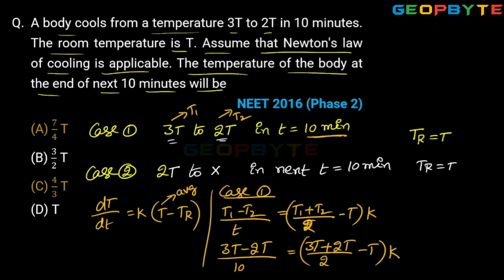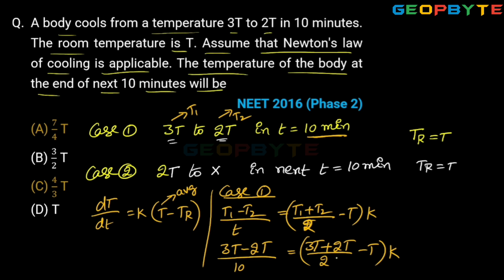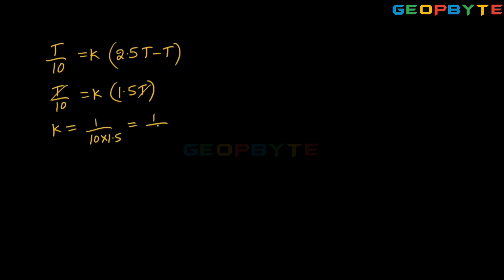That is T by 10 equals k into (2.5T minus T), equals k into 1.5T. The T cancels, so k equals 1 by 10 into 1.5, equals 1 by 15. That's the k value.